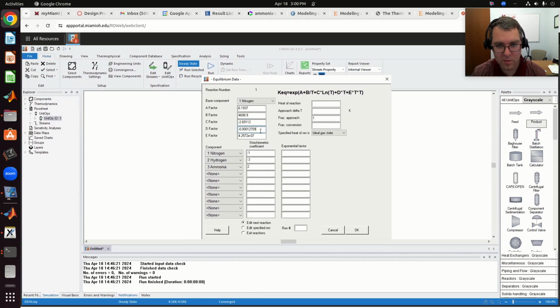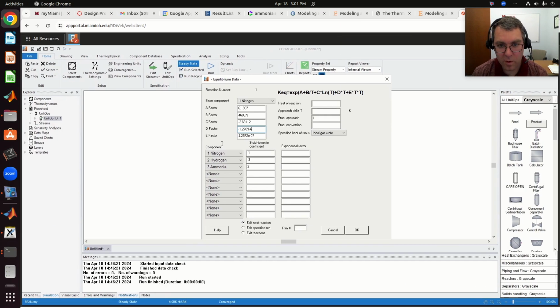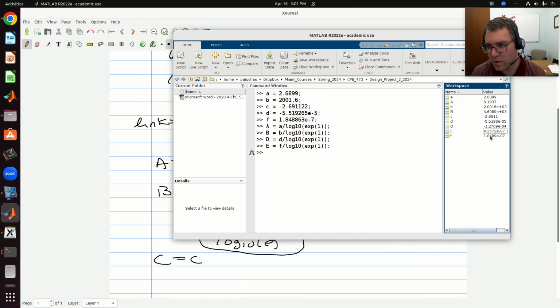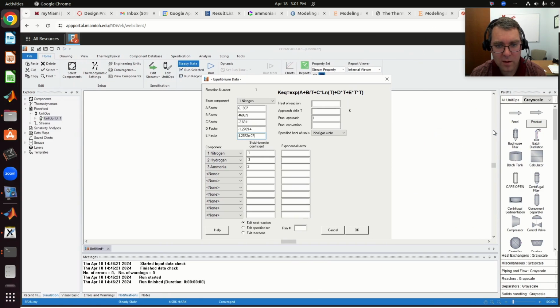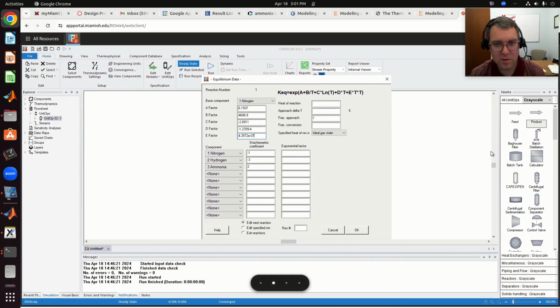Let me retype this one in just so you see it: negative 1.2709, E to negative 4. I'll delete the 2 because in my abbreviated version I don't see the 2 here. And then E is 4.2572 times 10 to the negative 7. Cool. Fractional approach of 1.